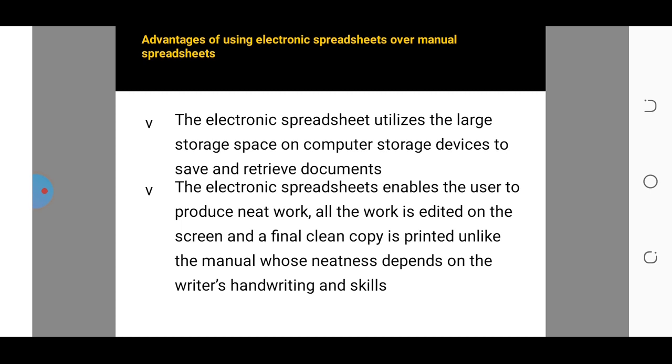So for the people using electronic spreadsheet, you can actually produce perfect work, neat work, as compared to the ones using manual. For manual, if you want something that is neat and perfect, you will look for someone that has the best handwriting and the skills, which is not the same case for electronic.